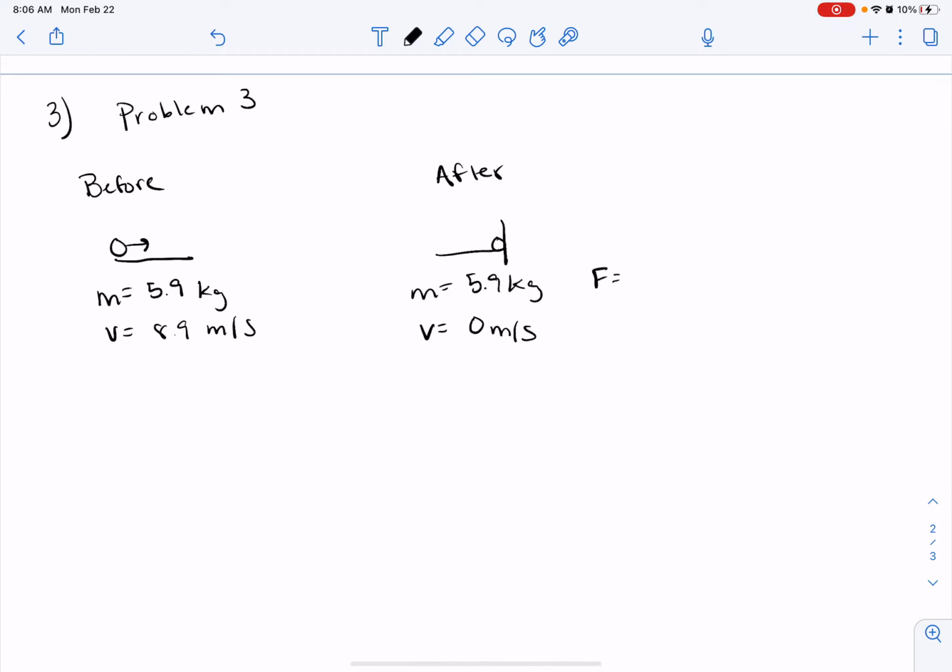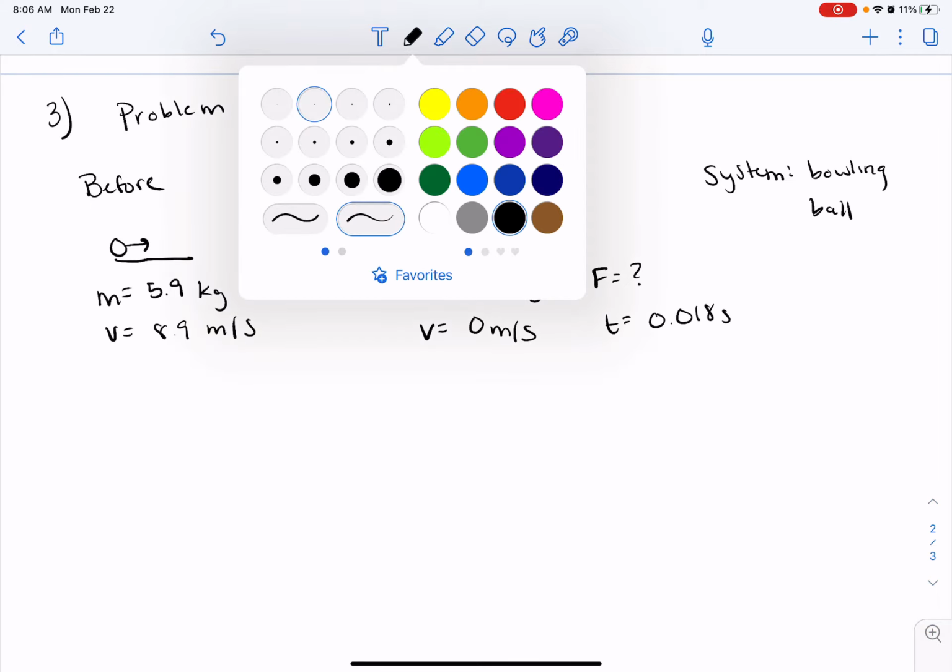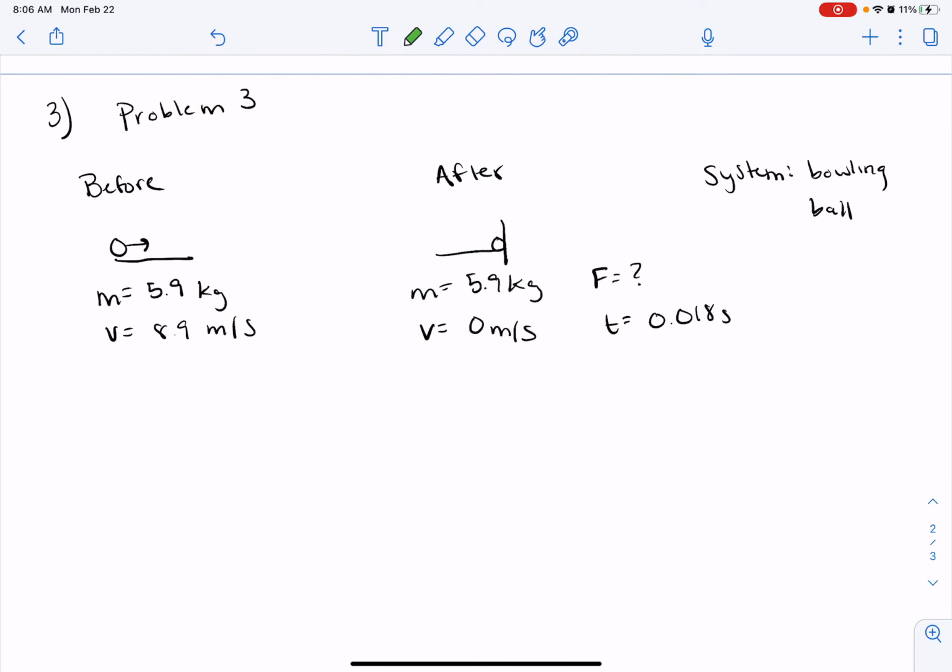We don't know the force, but we do know the time is 0.018 seconds. Again, our system in this case is the bowling ball. I've made my sketch and labeled it with all the numbers I know. Also notice that I used the metric units, kilograms and meters per second, not pounds and miles per hour.